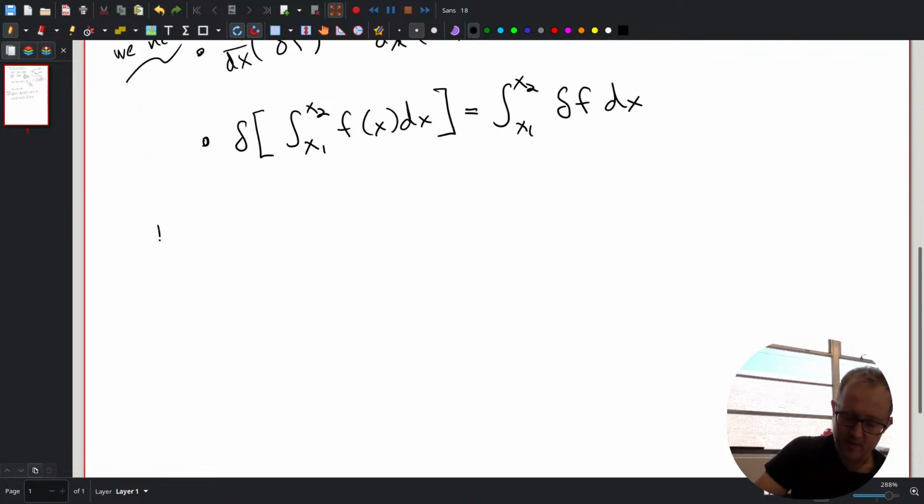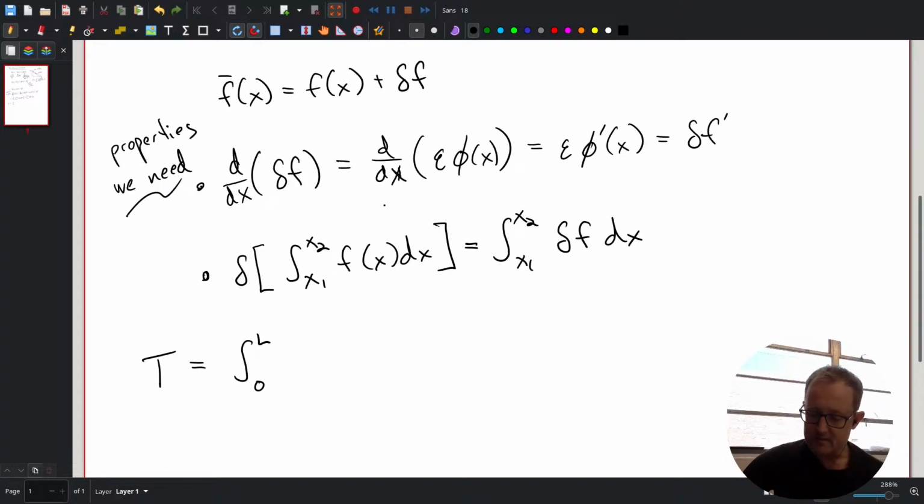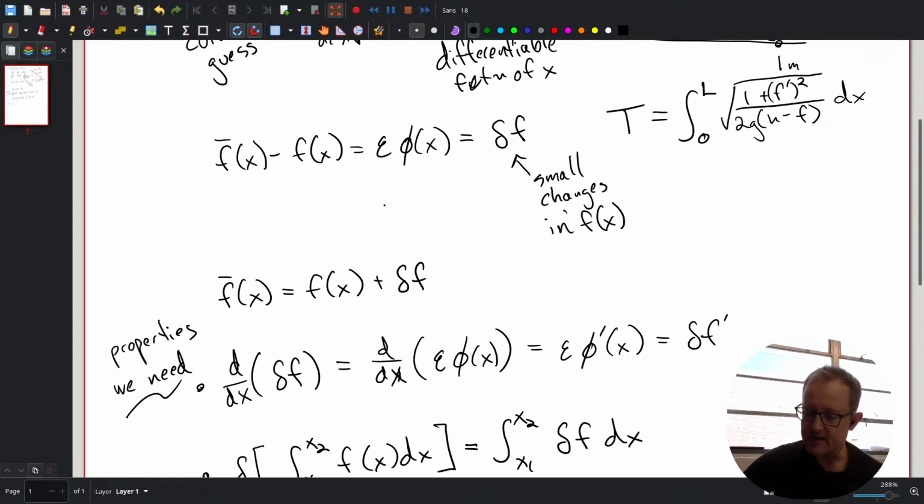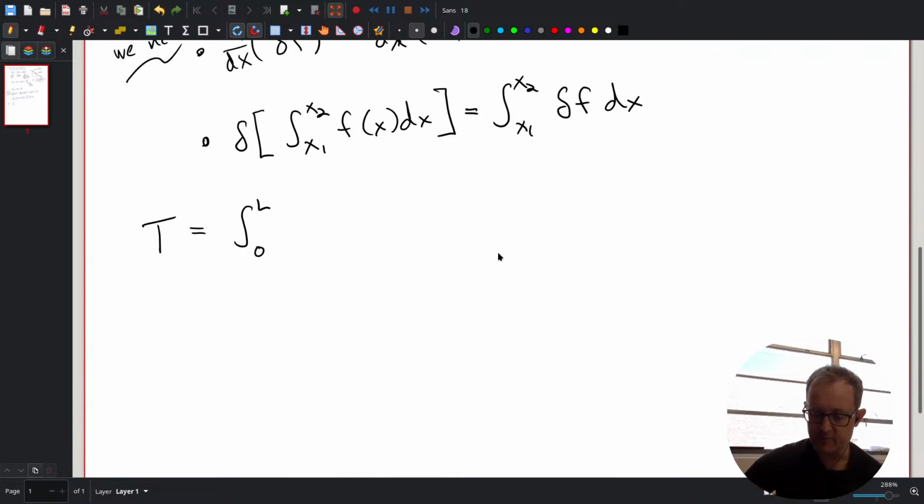Okay, so now we know that t is this integral from 0 to L, like this. I'm going to leave it as a function of x, a function of f, and a function of f prime.